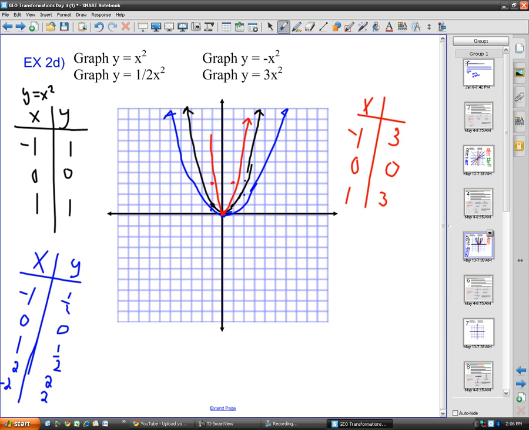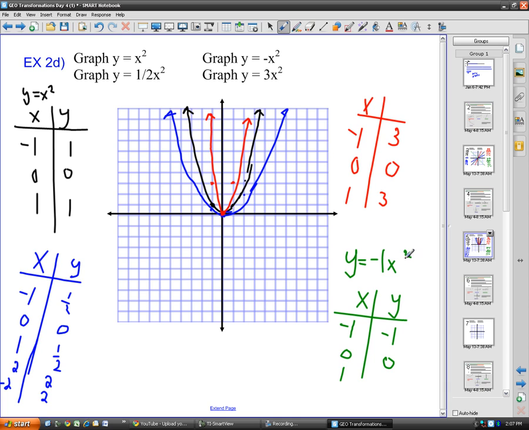And so then what do you think is going to happen when we multiply by a -1? If I make it y equals -1x squared, it's not just going to change the signs, but we'll see what happens here. Since it's x squared, it should be the same U-shaped graph. It just depends on what direction it's going. If I put -1 in, I get +1 when I square it, but then I multiply it by a negative, so I get a negative. 0 is 0, and 1 squared is 1, times -1 is -1.